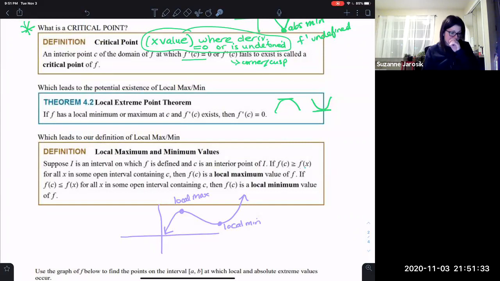All right, let's draw one last picture that hopefully sums that up. On the picture, I have a local max, obviously not absolute because we've got that going on. We have a local min, only because we have that going on.